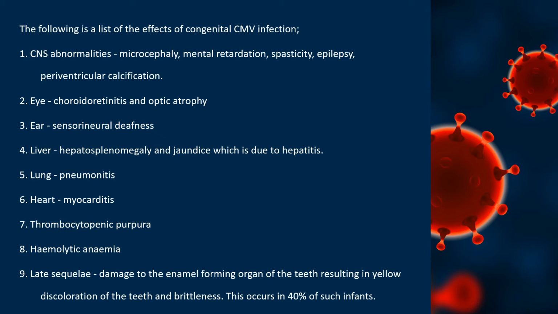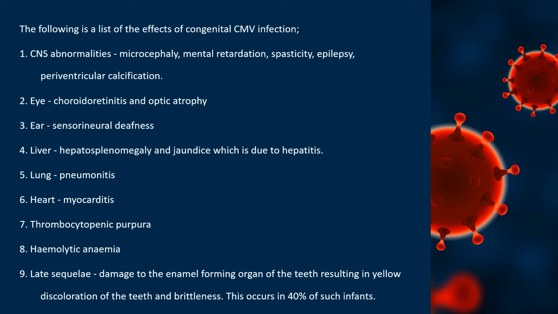Then it also causes eye infections like chorioretinitis and optic atrophy. Chorioretinitis means the inflammation of the choroid and the retina. Then optic atrophy means death of retinal ganglion cell axons.